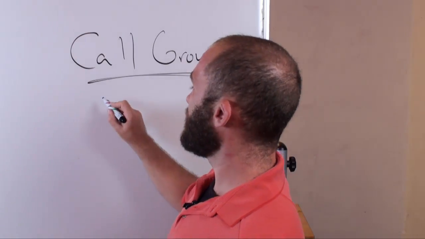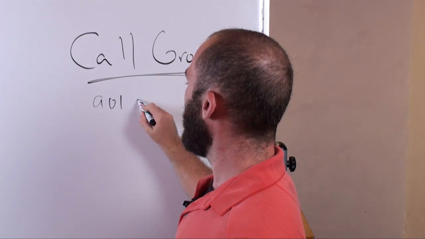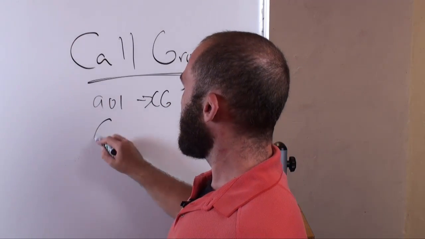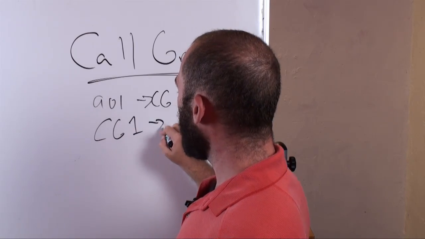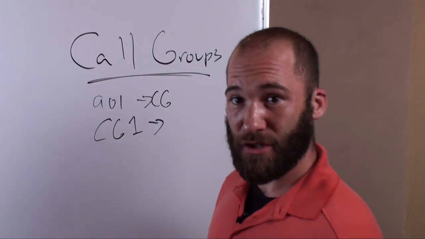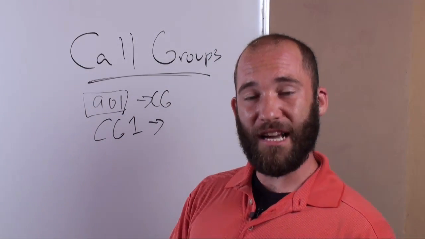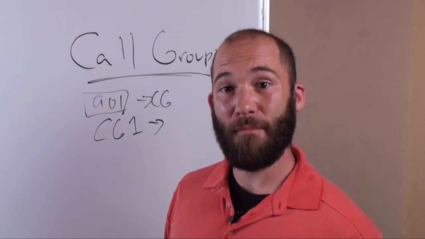So we'll say extension 901 is a call group, right? Then you create call group 1. All call group 1 does is it says when a call comes in to that call group, ring all of these phones simultaneously.